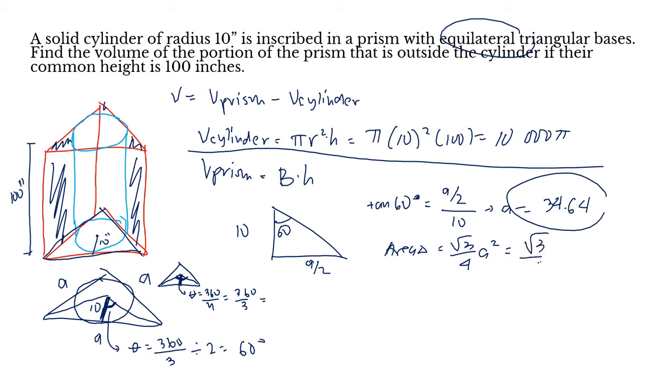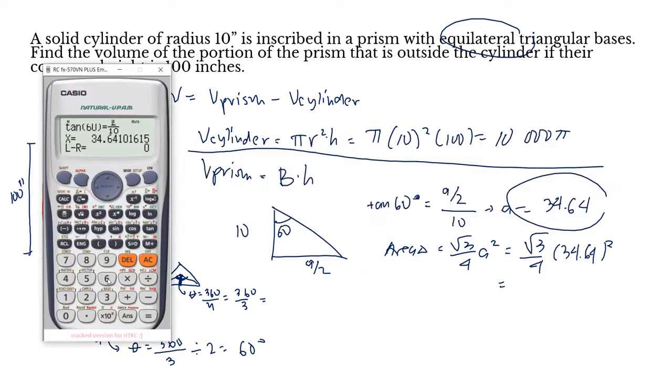So, that is square root of 3 over 4 times 34.64 squared, which is 519.58.